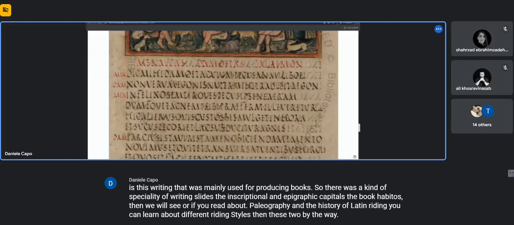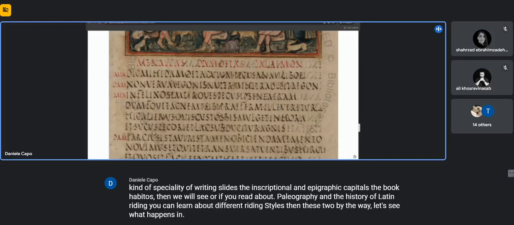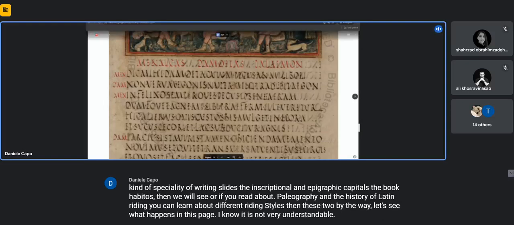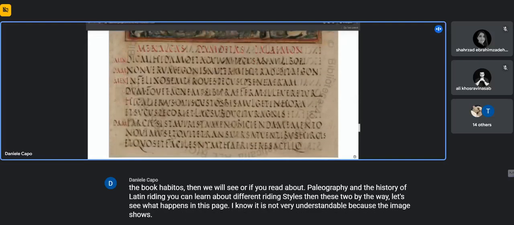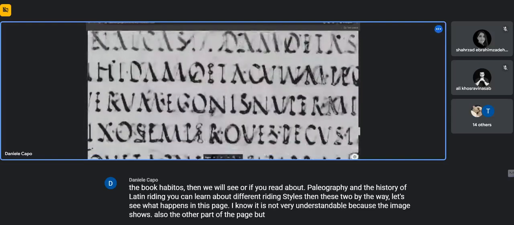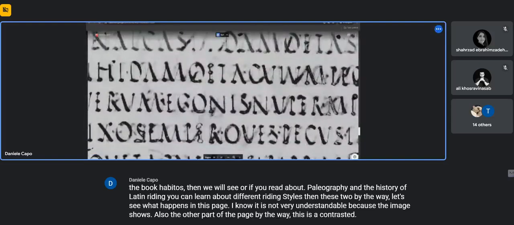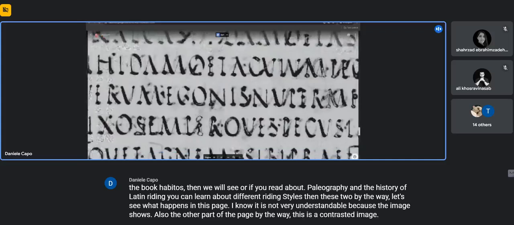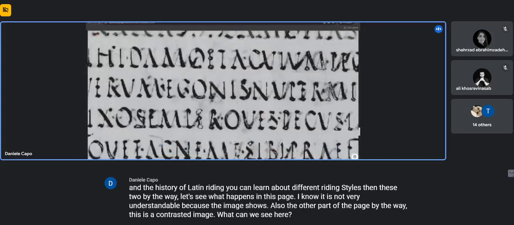By the way, let's see what happens in this page. I know it is not very understandable because the image shows also the other part of the page. By the way, this is a contrasted image. What can we see here?